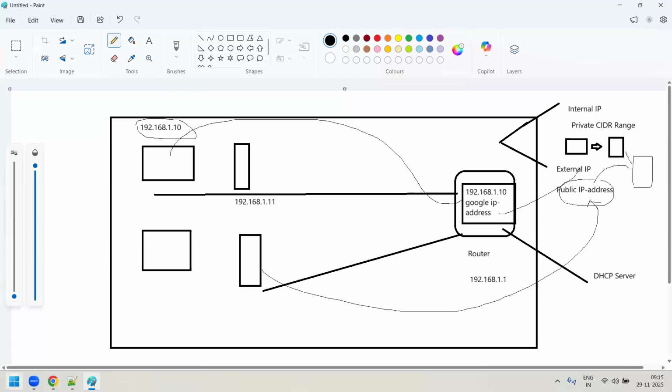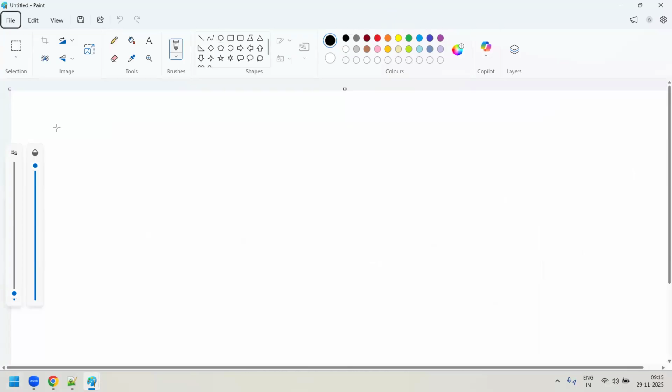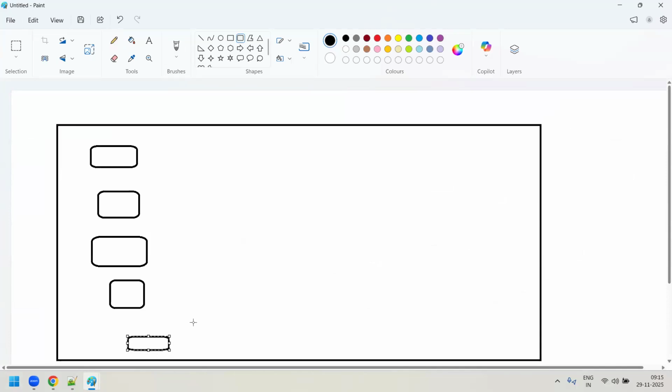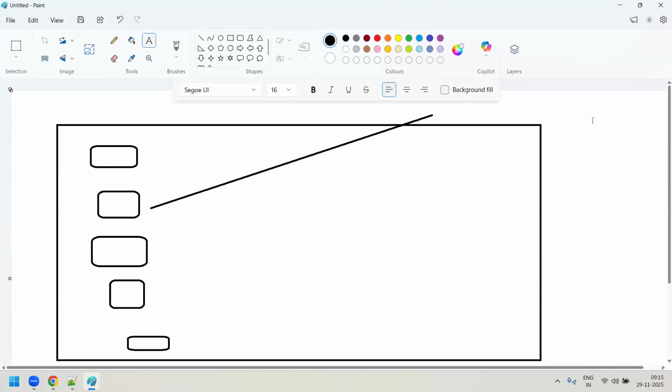Similarly, in your office network, you might have 10,000 devices, 10,000 computers or systems. Every machine will have a private IPv4 address. But whenever they want to communicate to the outside world, the company will purchase some four public IP addresses.